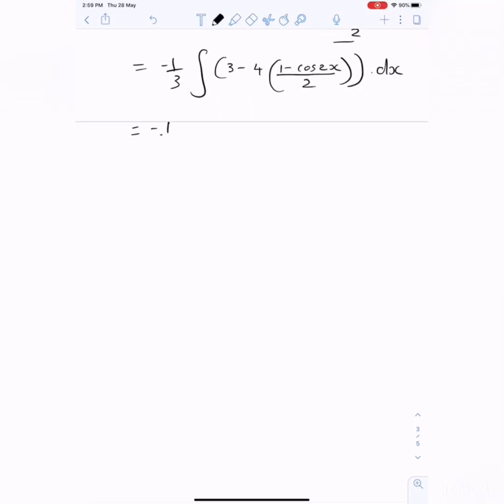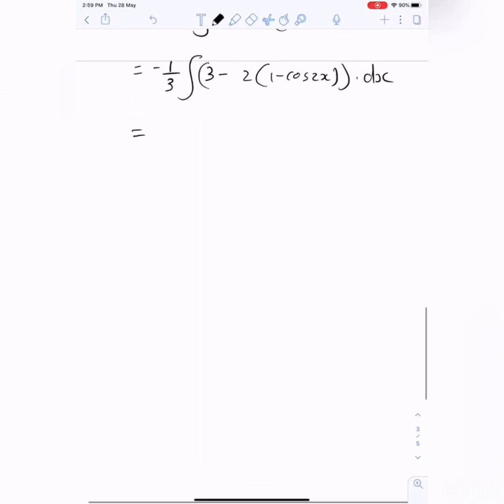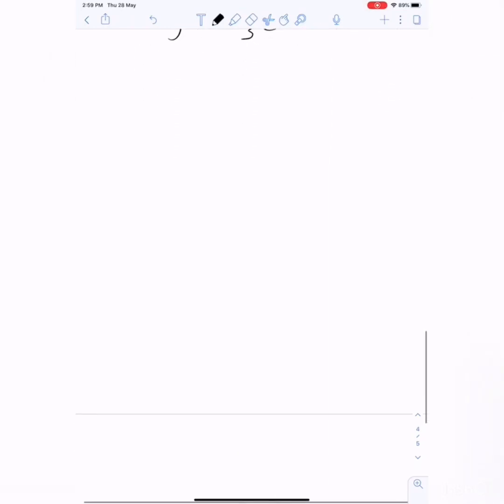So negative 1 over 3 times the integral of 3 minus 2 times 1 minus cos 2x, dx. This would mean the integral of 1 minus 2 times cos 2x... dx.